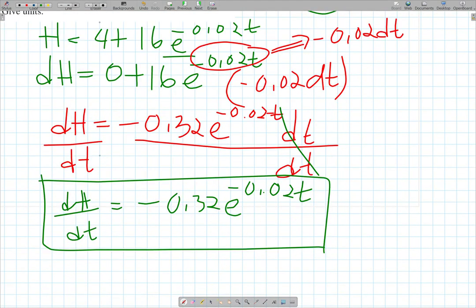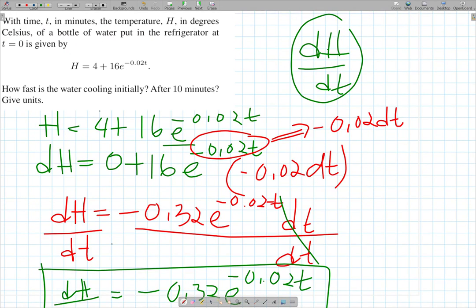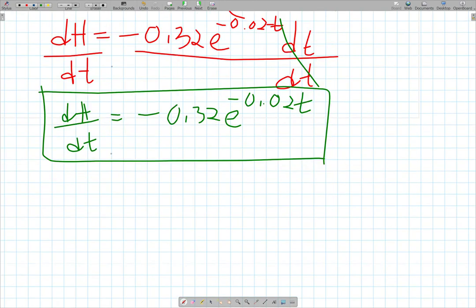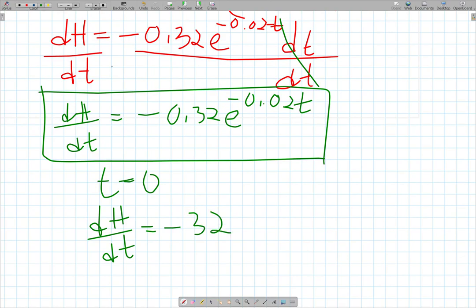So dH over dt is equals to negative 0.32e to the power of negative 0.02t. Okay? So he's asking how fast is the water cooling initially? So initially, what is our t initially? Our t is equals to 0. So meaning, our dH over dt is equals to negative 0.32. Right? What is the unit? Of course, degrees Celsius per minute.